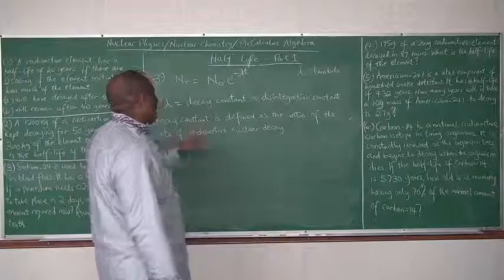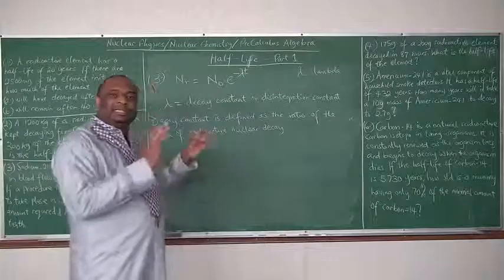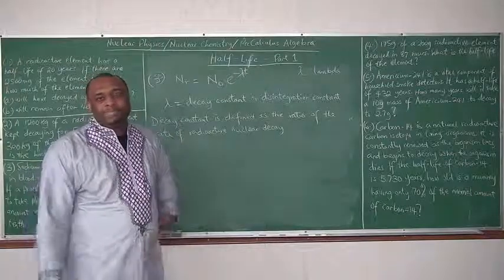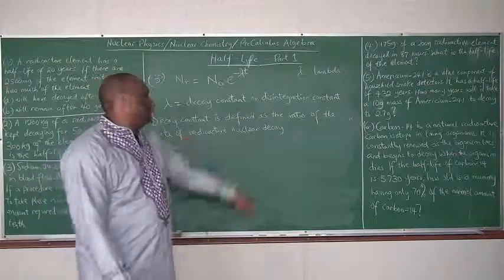The rate of radioactive nuclear decay means the amount decaying per unit time. So if I don't want to put per unit time, I just say rate.